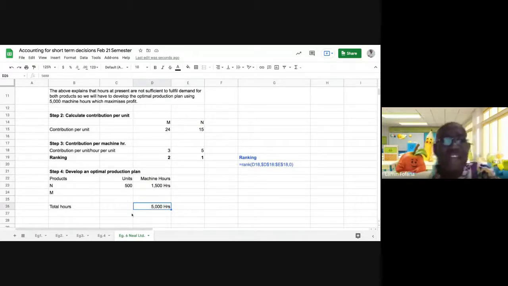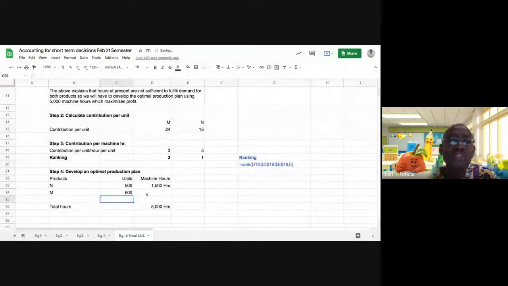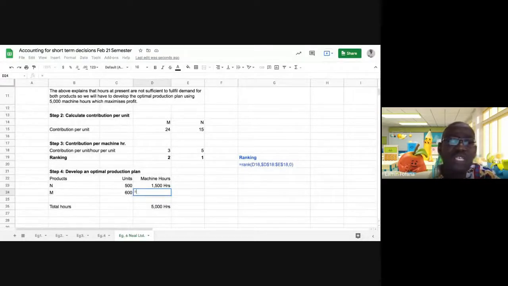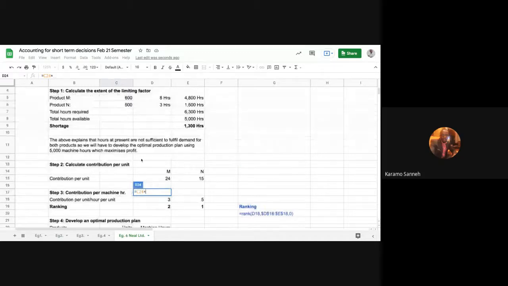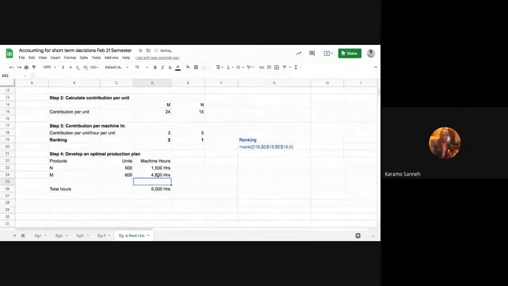If we want to produce M, how many hours do we need? M we know is 600. Is it not going to be 600 multiplied by 8? Okay, so we need 4,800.